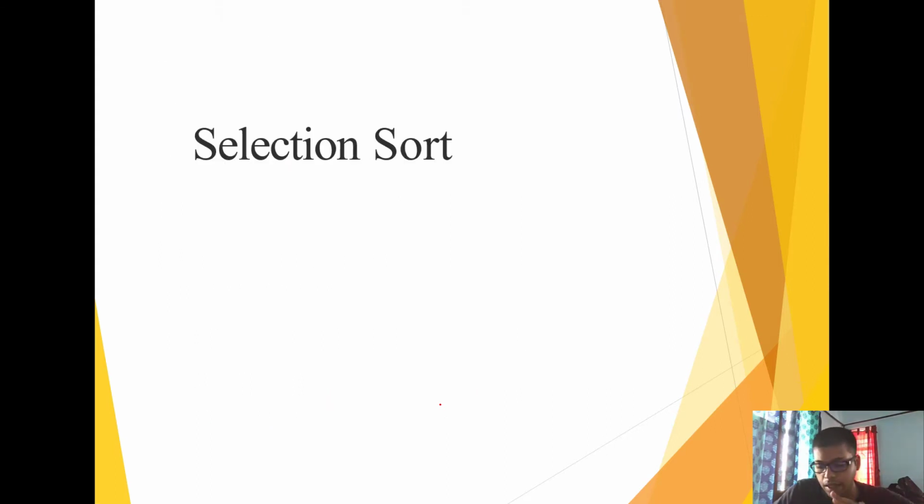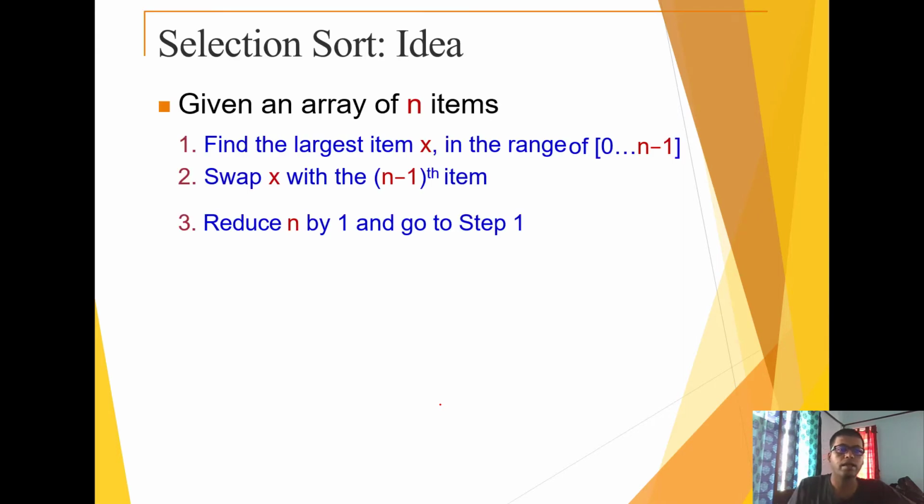Now we discuss selection sort. The algorithm of selection sort is: find the largest item x in the range 0 to n minus 1. Say we have five elements, so a five-element array.